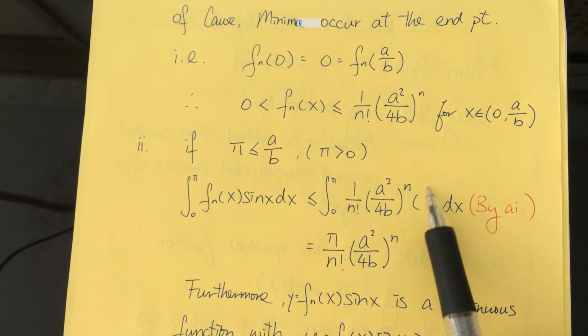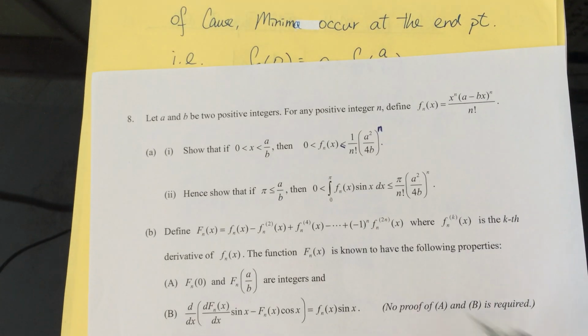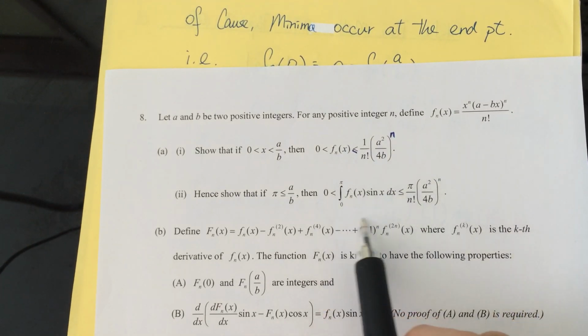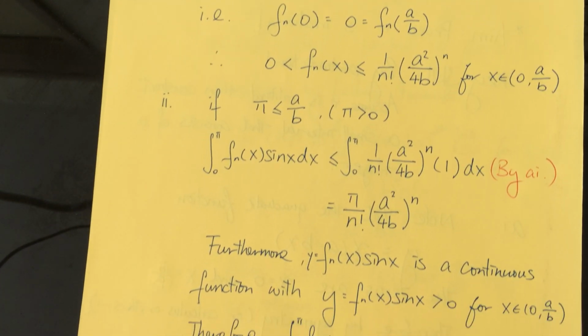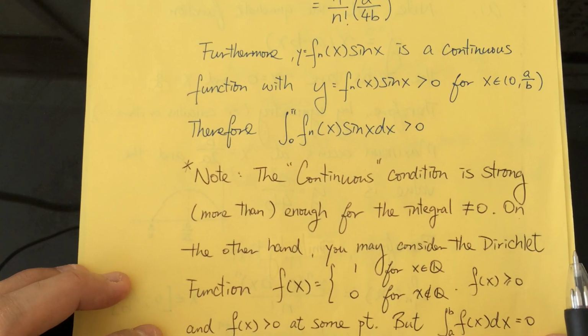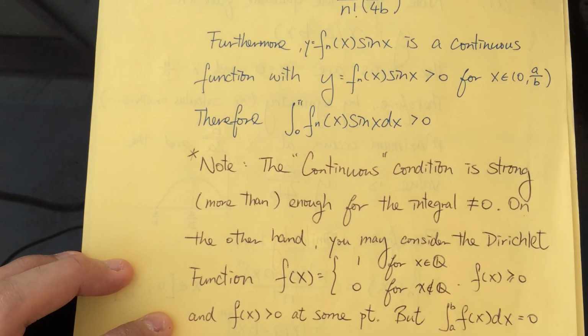So integrating this one, you get this. So the right hand side of the inequality has been proved, while the left hand side is not hard, but you need to be a little bit more careful. So I try to prove the left hand side now.